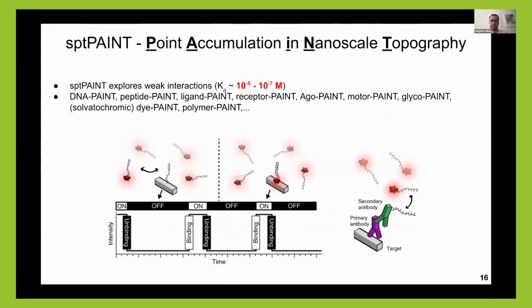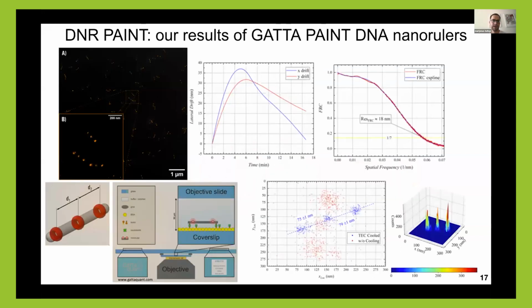We also can do the PAINT type of studies where we see imager strands binding and unbinding from the docker strand, and we can detect them while they are bound to the docker strand. And we're using that to image nanorulers where docker strands are placed on DNA origami, which has the shape of a ruler.